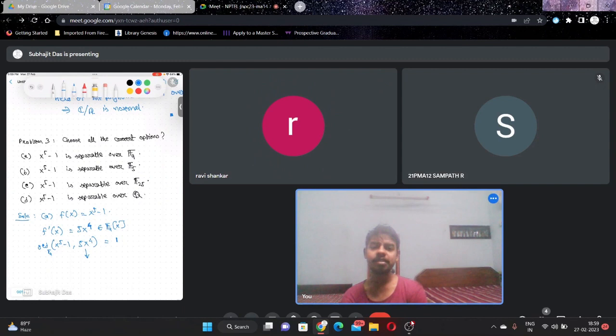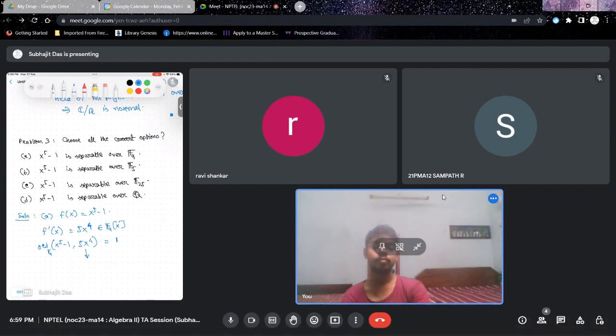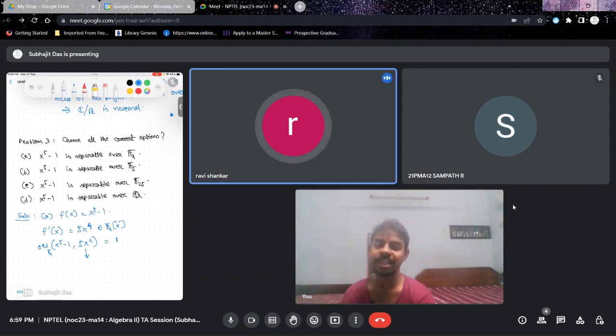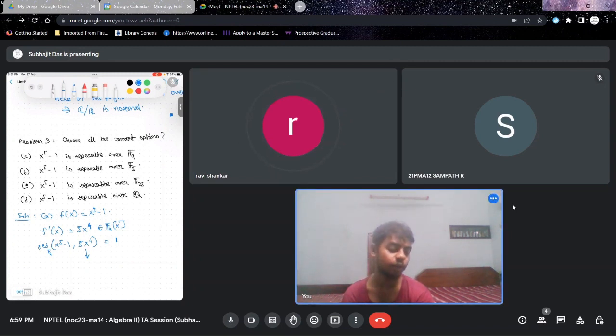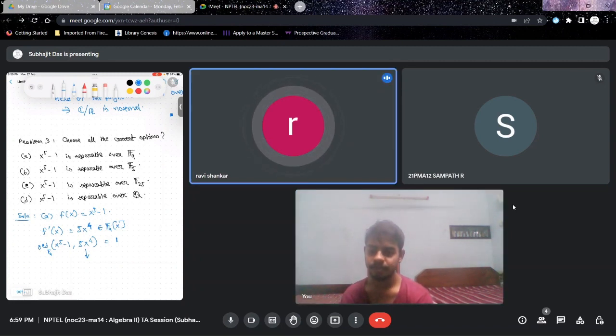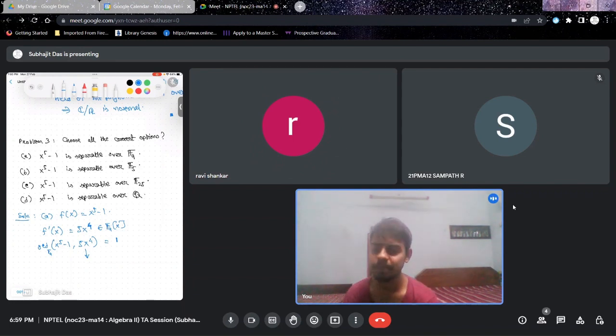It's easy, right? 5 times x to the power 4. What are the roots of this polynomial? Suppose alpha is a root of this polynomial, then 5 alpha to the power 4 is 0, right? Which implies alpha is 0 because you are working in an integral domain. So the only root of this polynomial is 0, right? I mean, 0 has multiplicity 4.